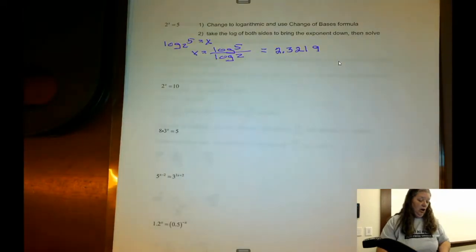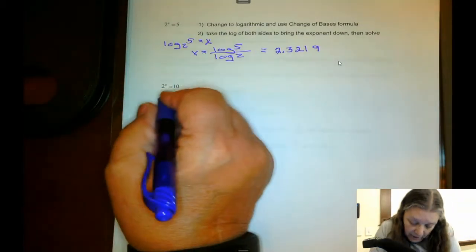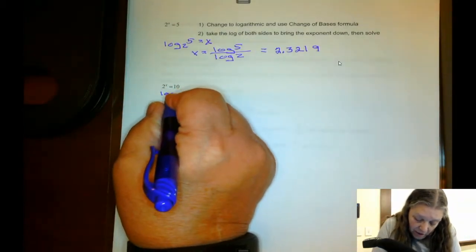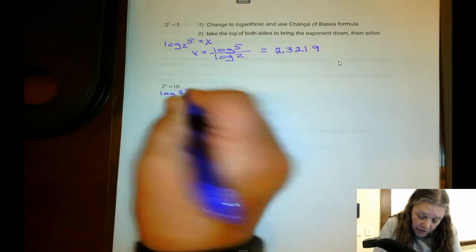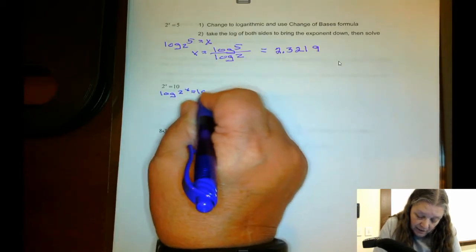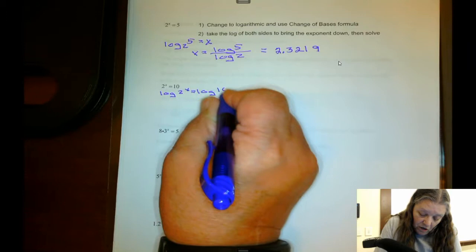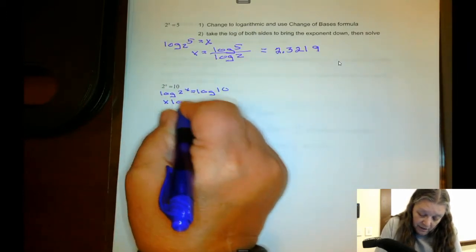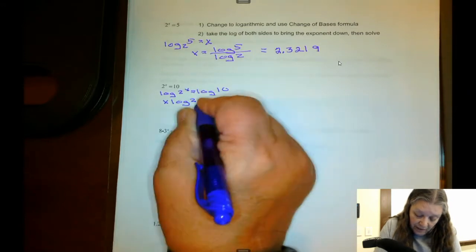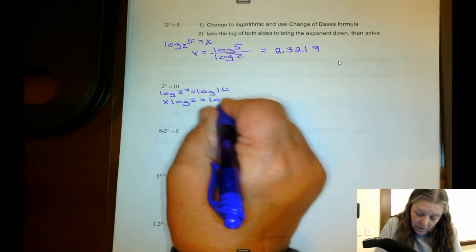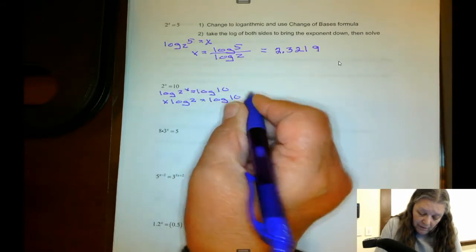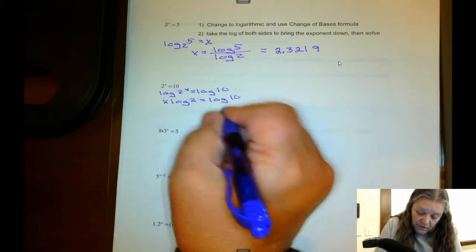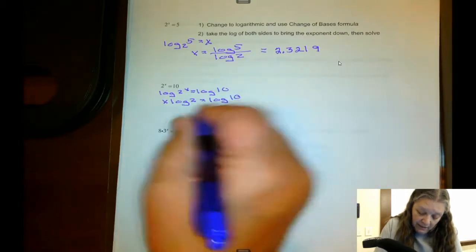If we take the log of both sides and solve it that way, so we would have the log of 2 to the x equals the log of 10. Bring the x down in front. So we have x log of 2. Now, x log of 2 equals log of 10.